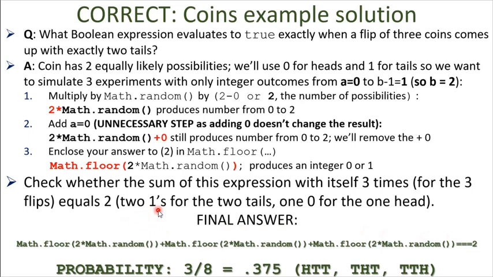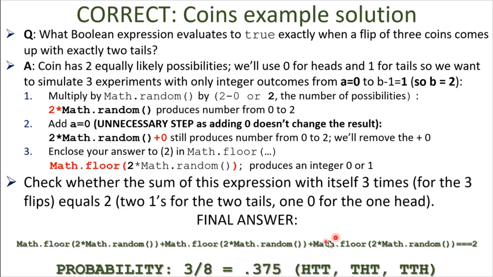Because if a tails is 1 and heads is 0, and we have exactly 2 tails and 1 heads, we should get 1 plus 1 plus 0, or 1 plus 0 plus 1, or 0 plus 1 plus 1, right? So one of those possibilities, all of them would have a sum of 2, right? So this would give you your probability of 3/8, which would be 0.375.